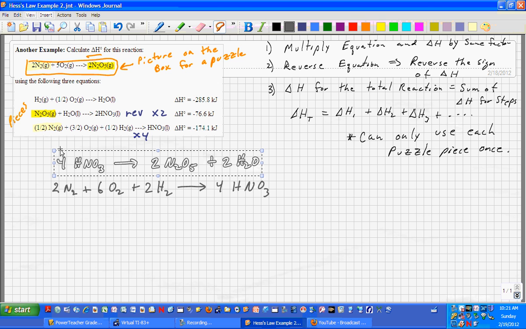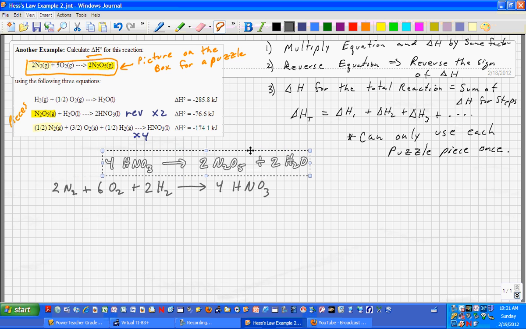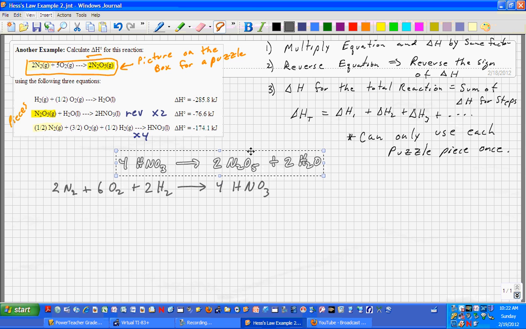Let's see if I can do this. Nope. Let's move it over further. Oh, I want to move that up a little bit. Hey, there we go. Fancy. All right. Last but not least, I've got one piece of the puzzle left to use, and let's take a look here and see what I've got.